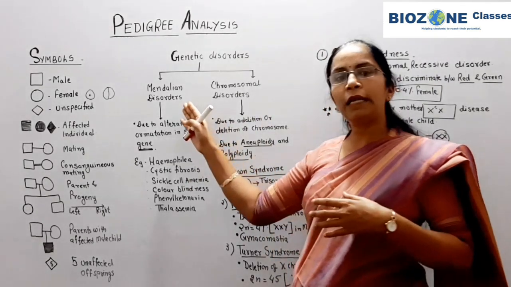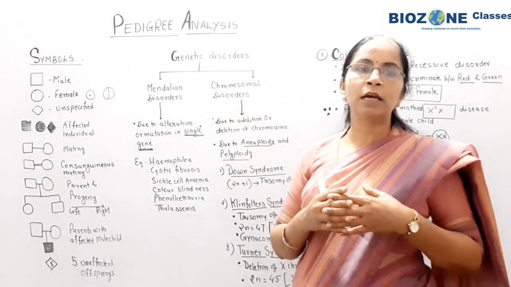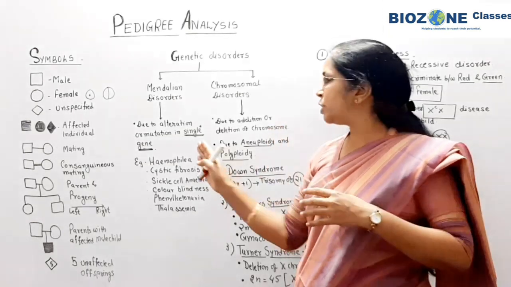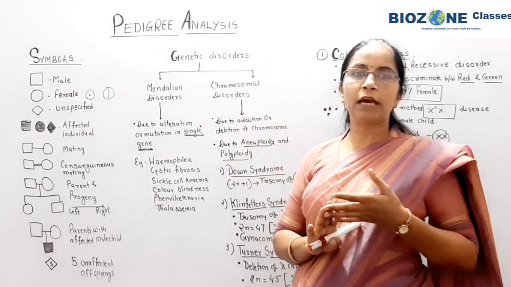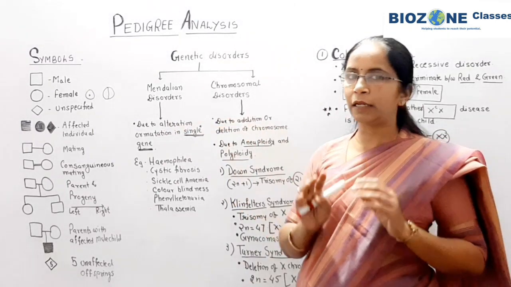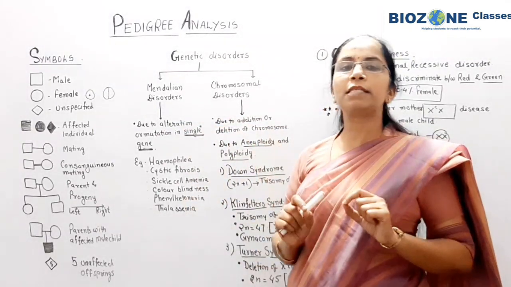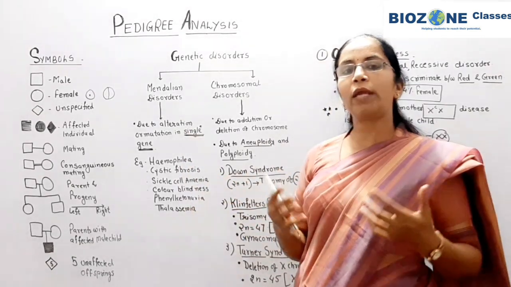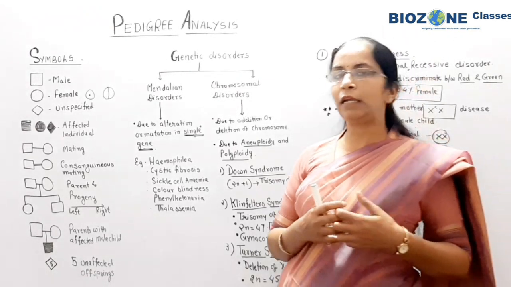So here look at Mendelian disorder. As Mendel explained the pattern of inheritance in Mendelian inheritance, exactly in the same way a single gene also follows the same pattern of inheritance, and that's why these disorders are called Mendelian disorders. Now, as for examples, mug up all these examples because this question is also asked: which of the following is not a Mendelian disorder, or which of the following is a Mendelian disorder.